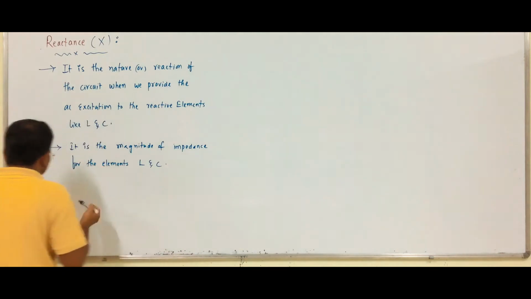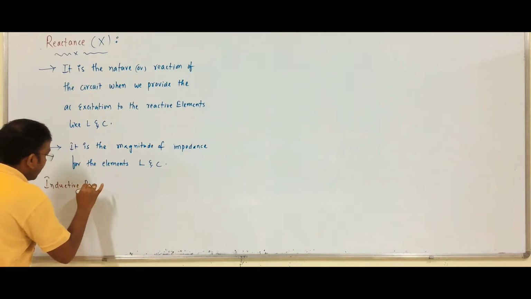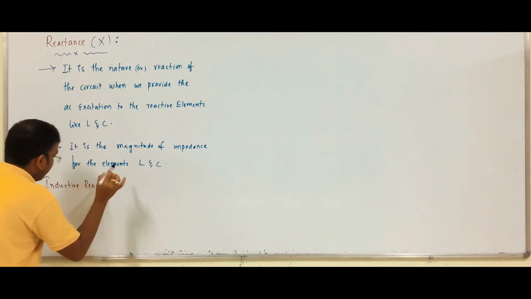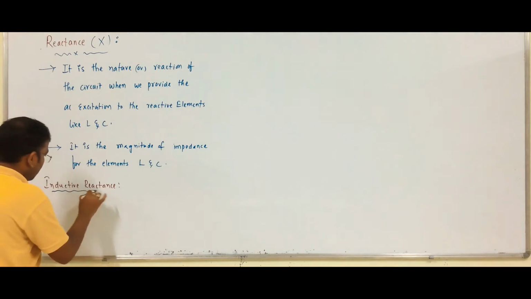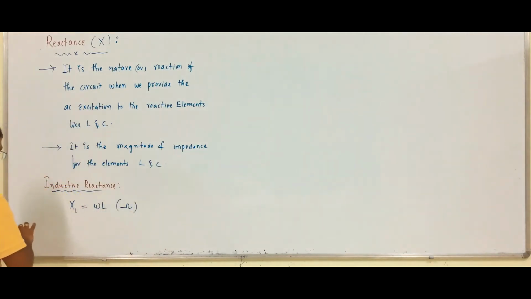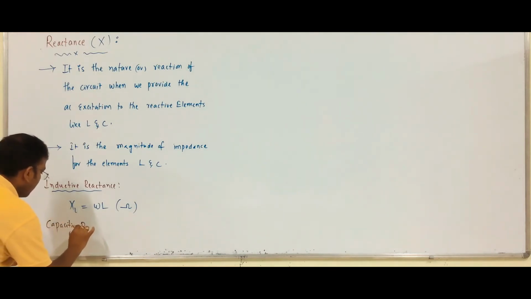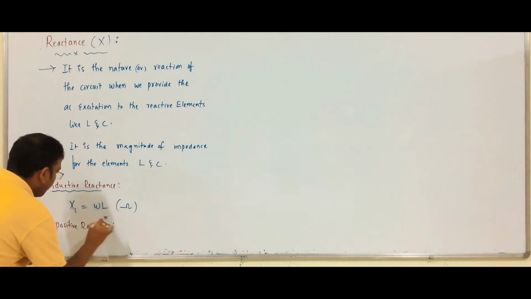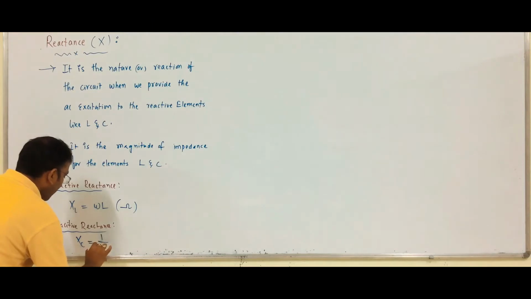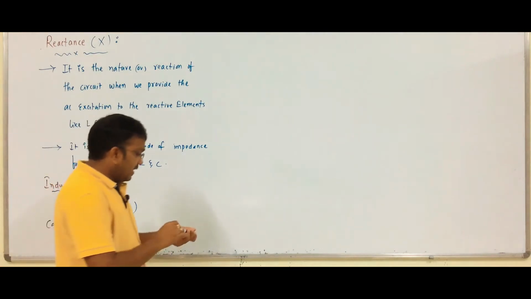If we compare inductive reactance and capacitive reactance, XL is nothing but omega L. Units are ohms only. Like that, capacitive reactance XC is nothing but 1 by omega C. This is about reactance.